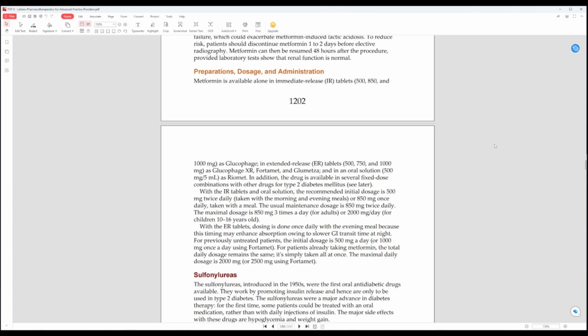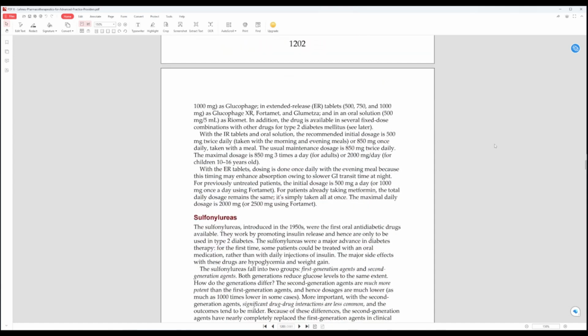There is also an oral solution known as Riomet, which has 500 milligrams per 5 mL. In addition, the drug is available in several fixed-dose combinations with other drugs for type 2 diabetes.